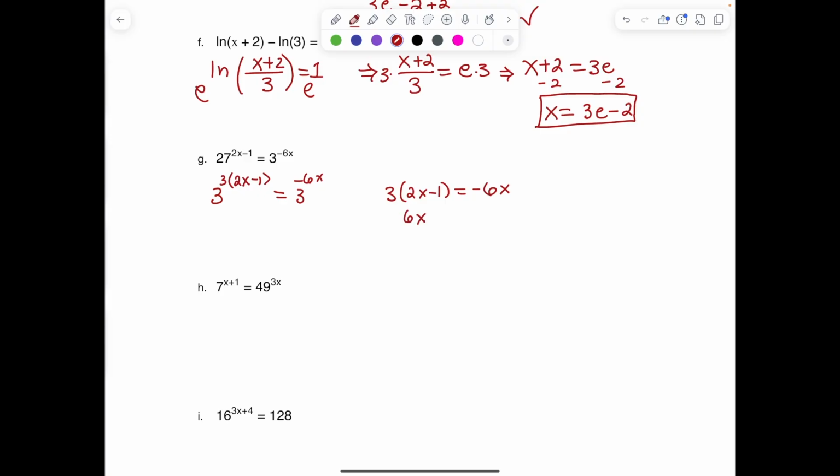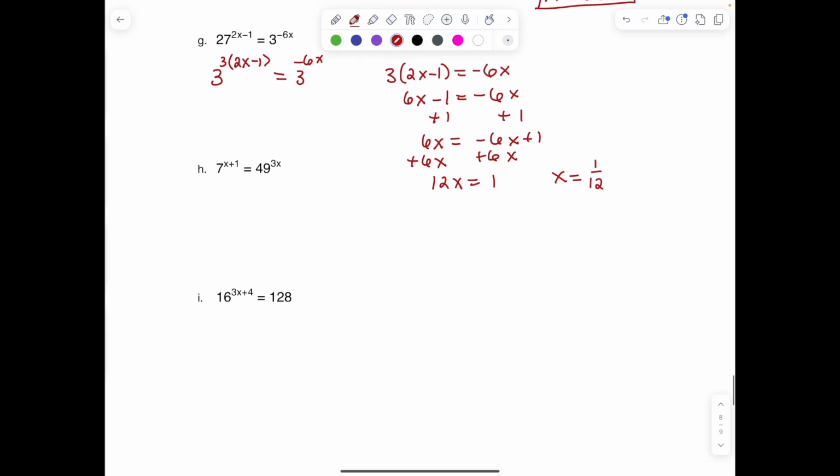So that's 6x minus 3 equals negative 6x. Add 3, add 3. So I get 6x equals negative 6x plus 3. Add 6x, add 6x. I get 12x equals 3. x equals 1/4. And if I plug it in, I should get the right answer.